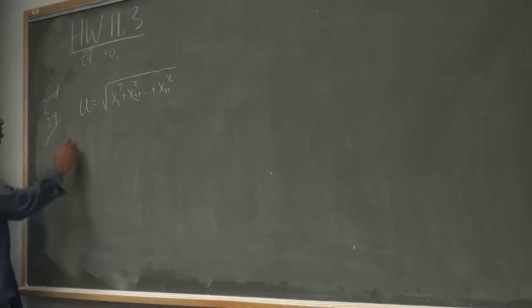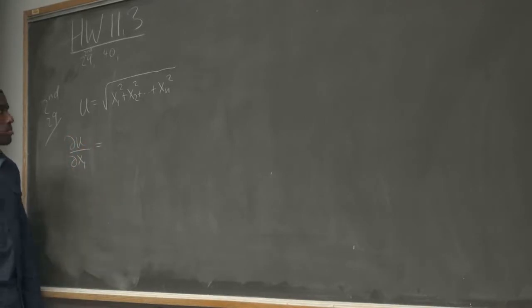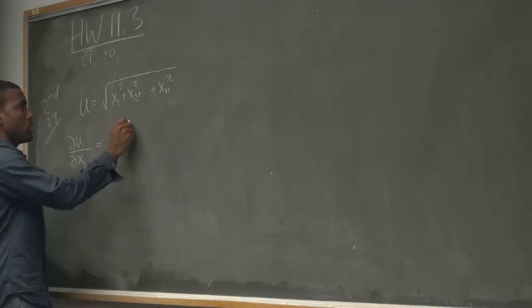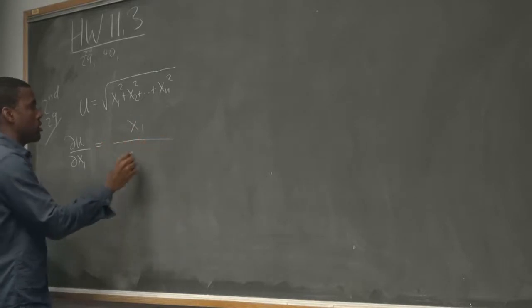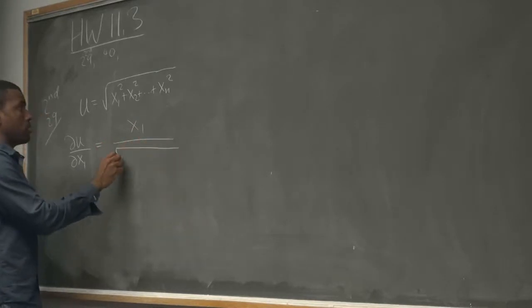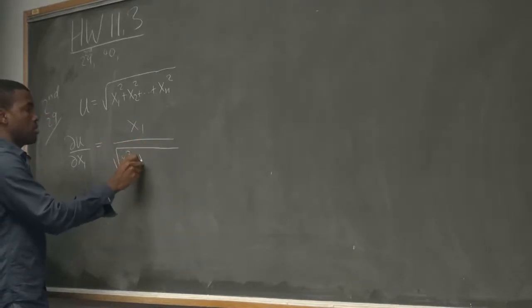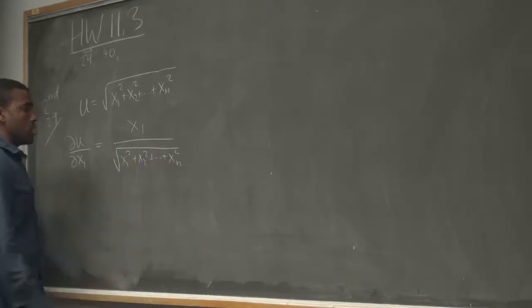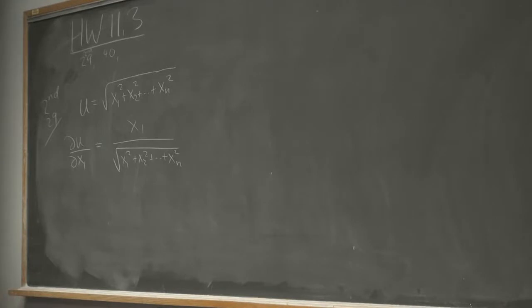If you do only one, so if you say the partial derivative of this with respect to x1, what would that look like? 2x1 over that. That's x1 over that, yeah, over the radical of the whole thing. And they basically all look like that, except this guy would be replaced. So in general, it'd be x2.